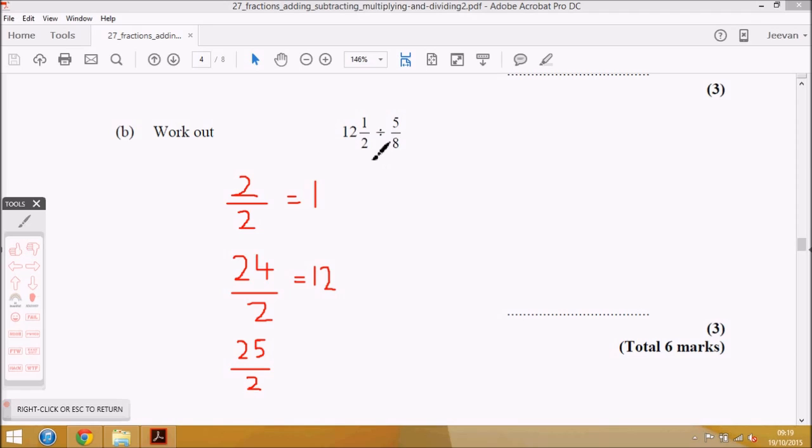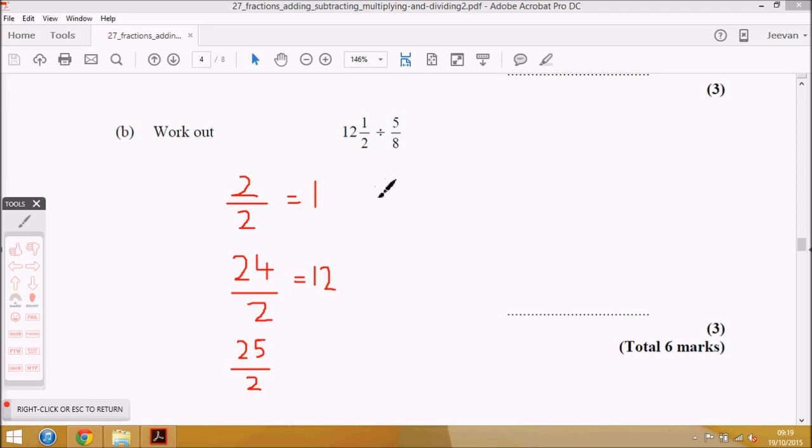But a quick way to do this is you multiply the denominator with the whole number and then add the numerator. So you do 2 times 12, which gives you 24, the number of halves in 12 whole ones. And we add this one here because that's the extra half. We have 12 and a half and not just 12.